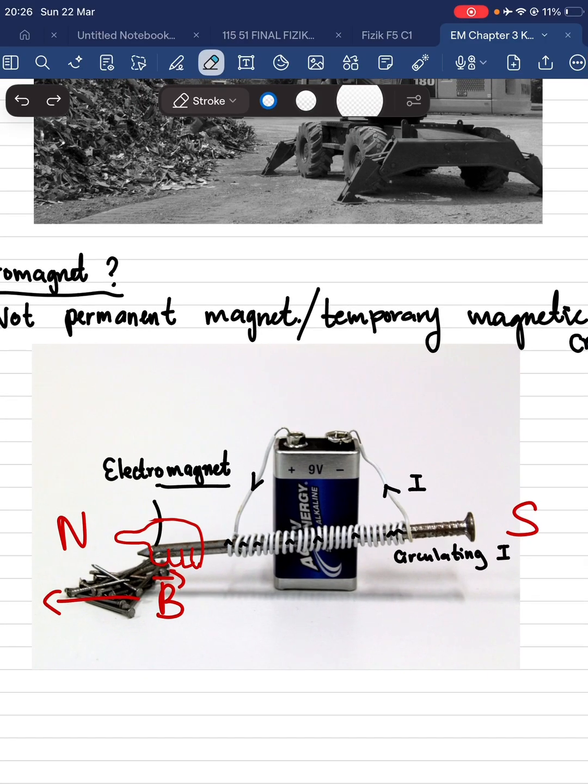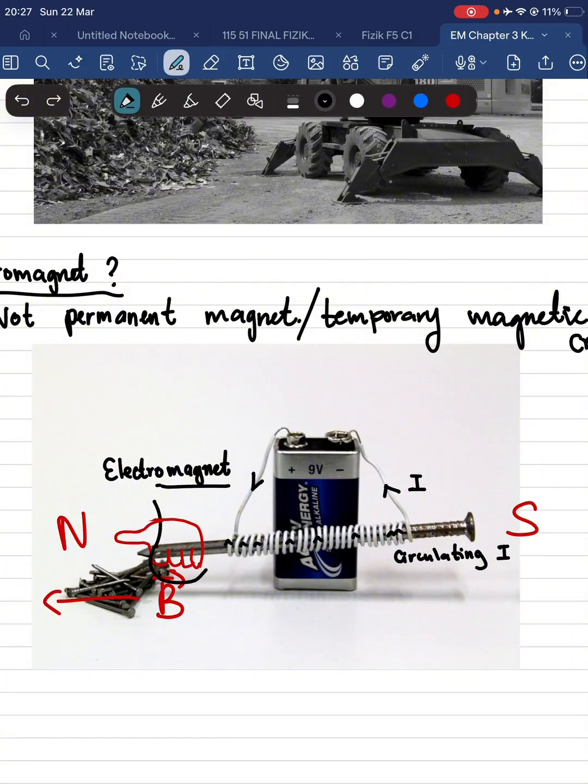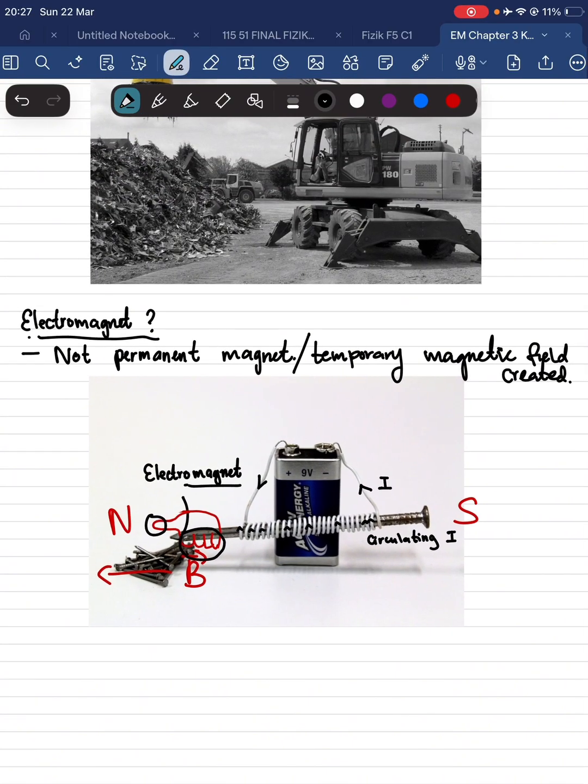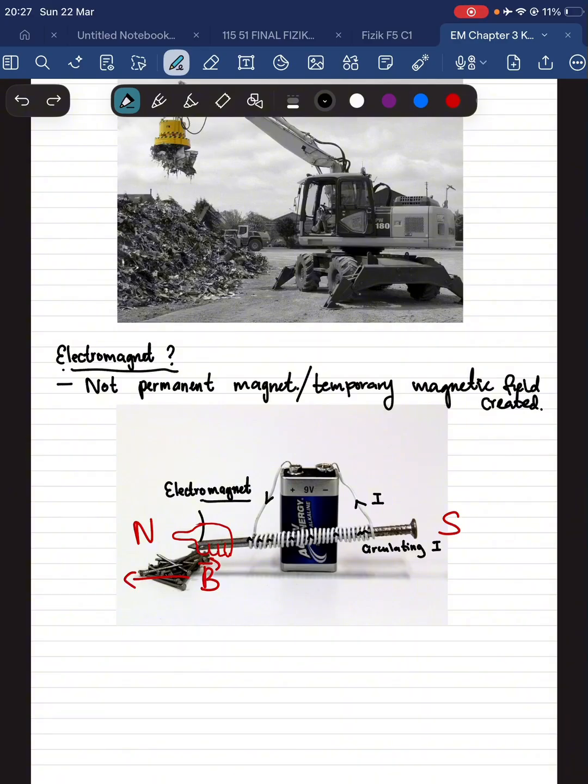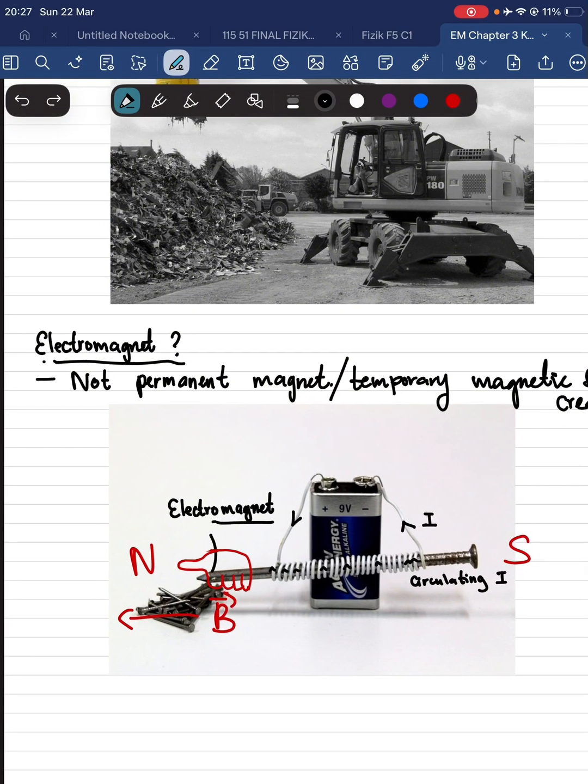You put your thumb according to the fingers. The fingers must be the direction of the circulating current, and then the thumb is the magnetic field B. The direction of the field will determine the north pole N, right? As easy as it is. I will show you how to use this hand rule later.